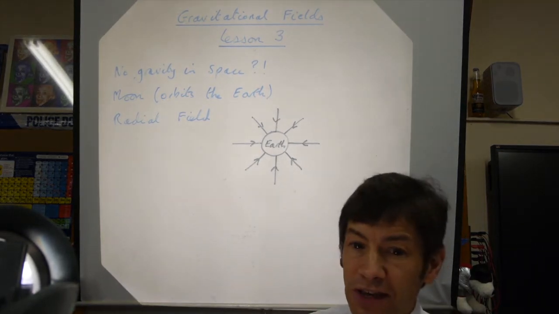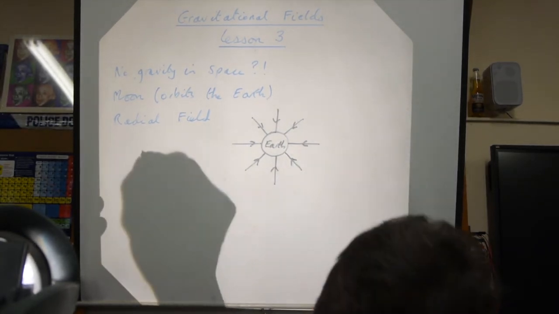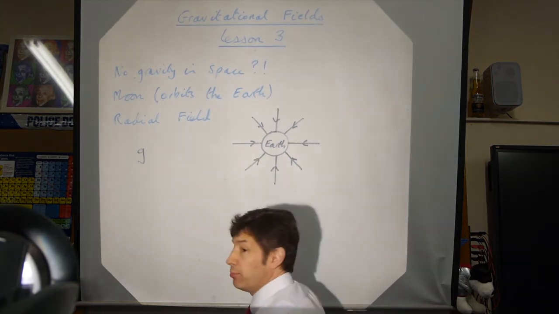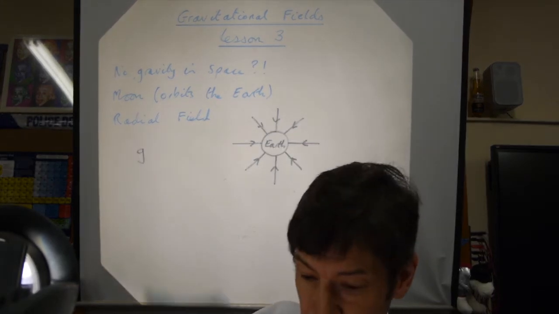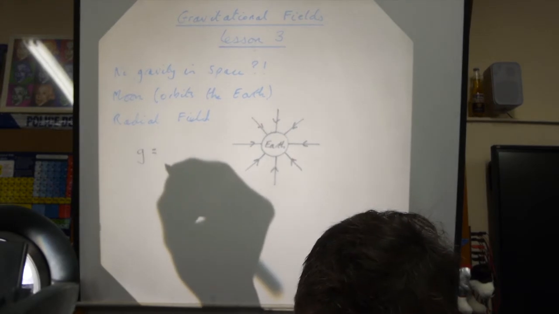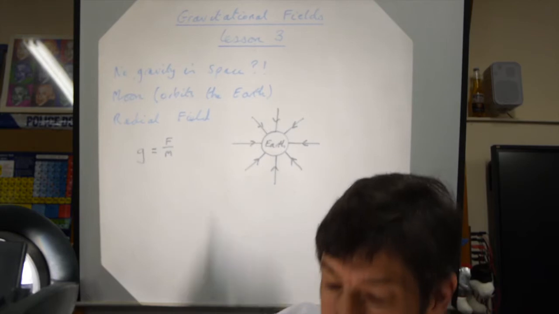So let's take this a little bit further, and I want to remind you that g, the gravitational field strength at any point, is at GCSE, and correctly, the force per unit mass. So we can say it's F over m.